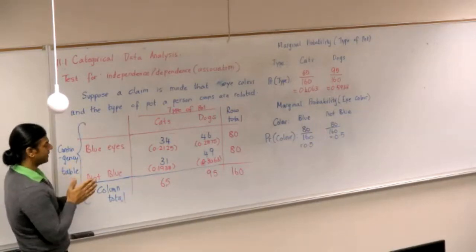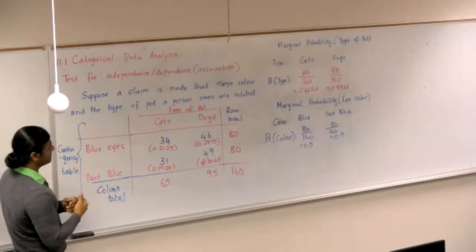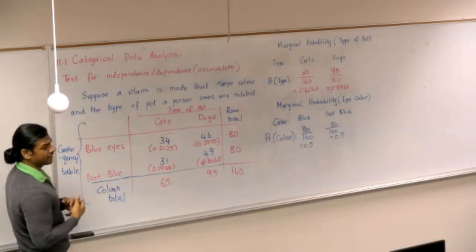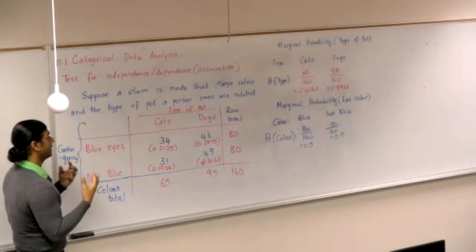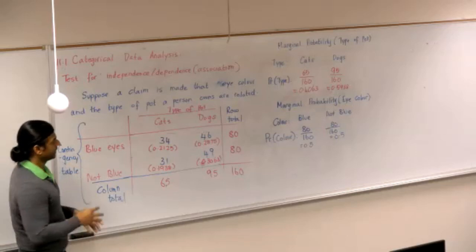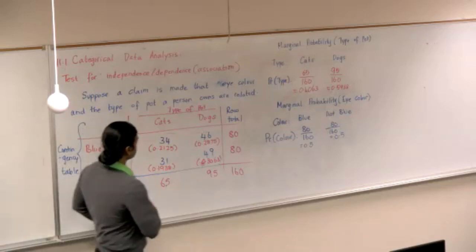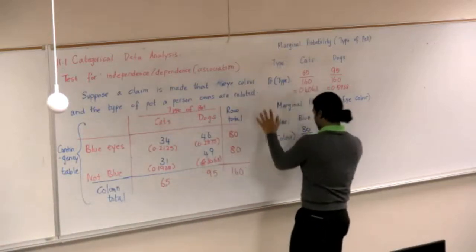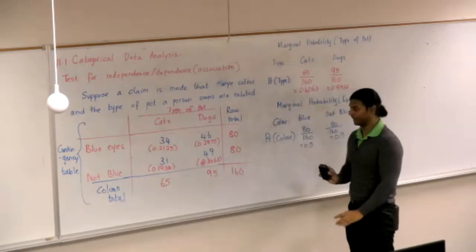So if we want to determine if there is an association, we need what we call a conditional probability. So we can create a table of conditional probabilities.